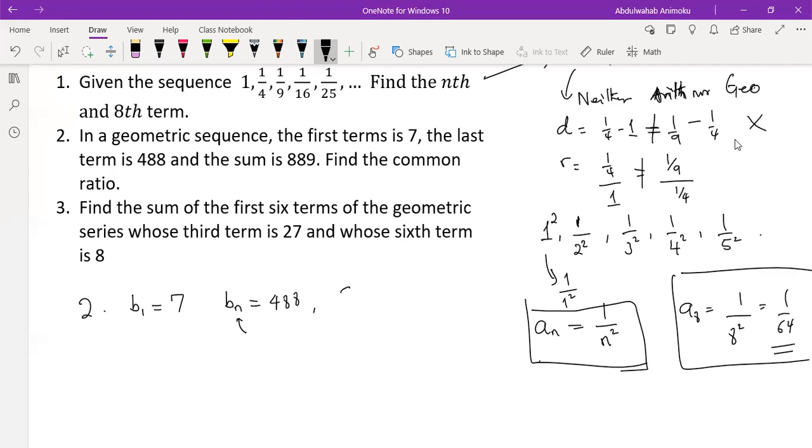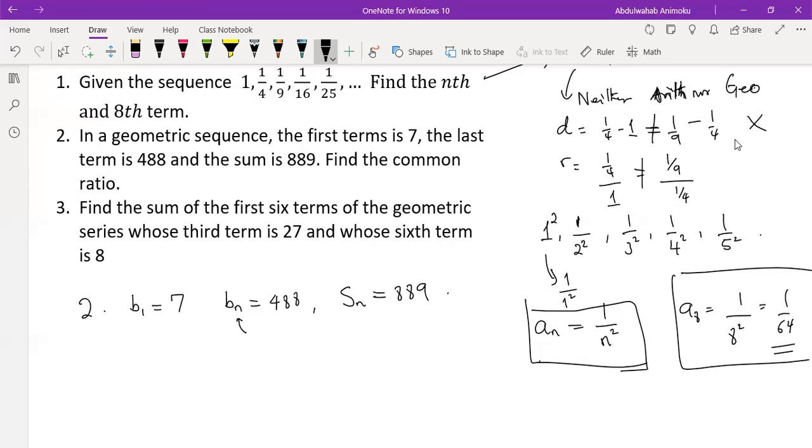And the sum up to that last term is equal to 889. This is how to deduce the information and write it concisely, using the language of sequences to express the information given in the problem.